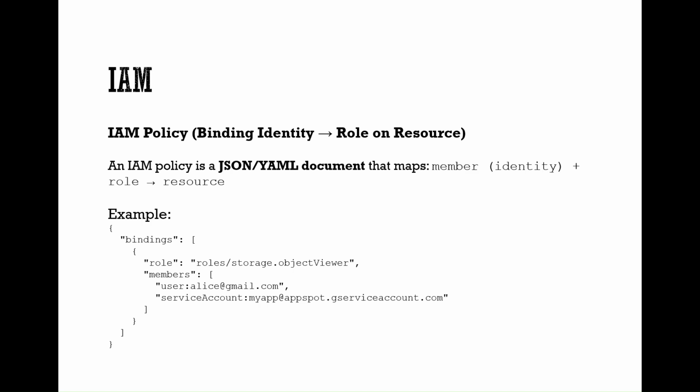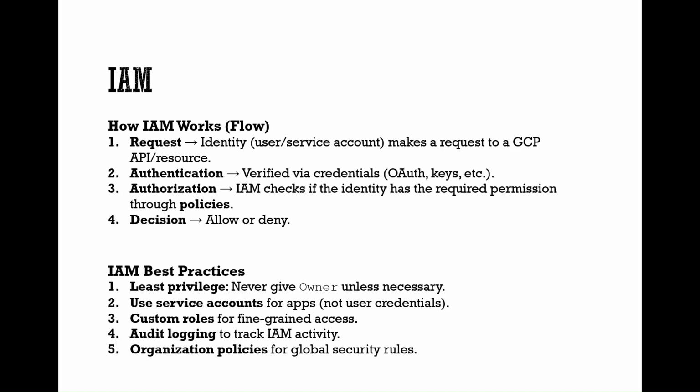Now let's look into the next thing, in more detail: how IAM works. This flow is all about a request and how decisions are made. When a request comes, it could be from a user or a service account making a request to a GCP resource. Whenever a request comes, the first thing that happens is authentication.